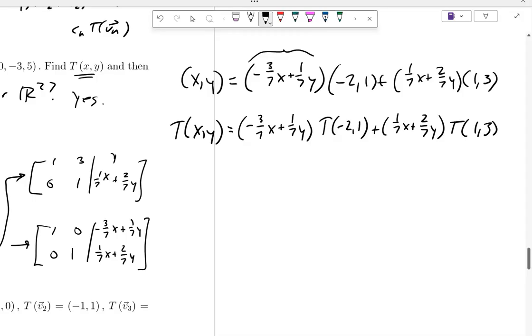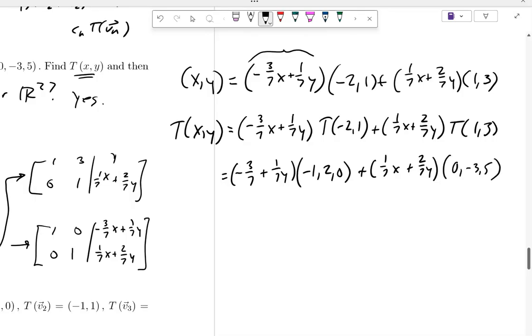Do I know the answers to those two transformation values? What is T of negative 2, 1? And the other one's going to be 0, negative 3, 5.